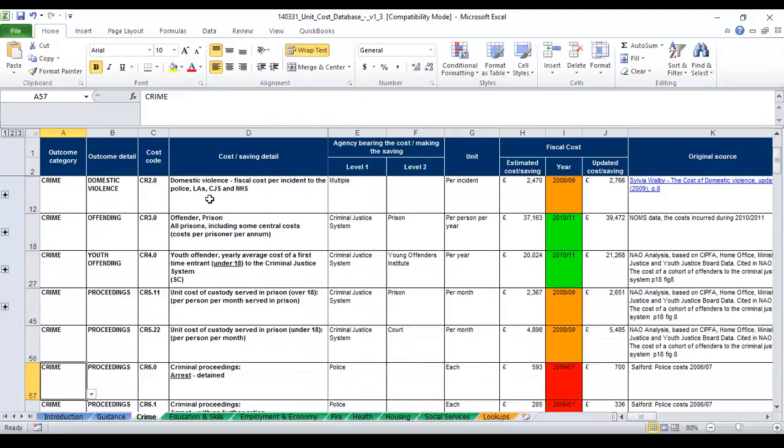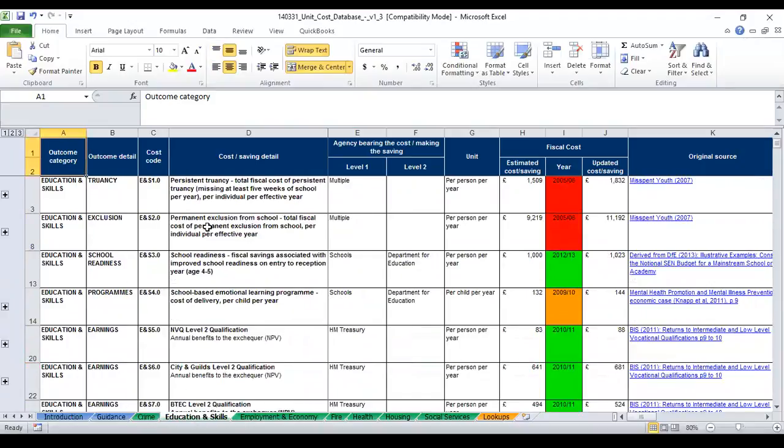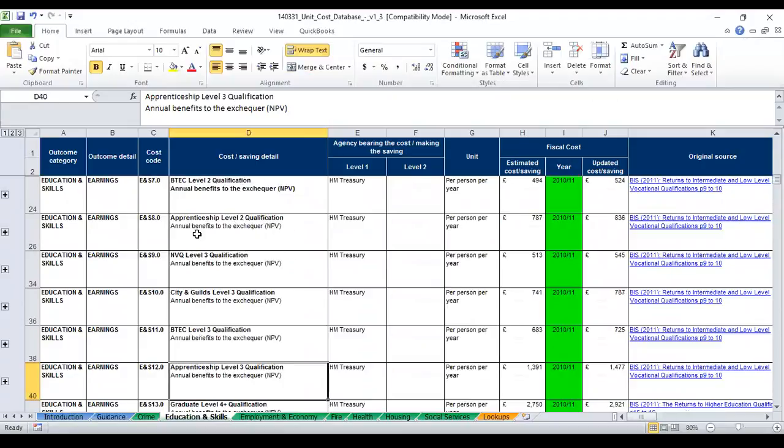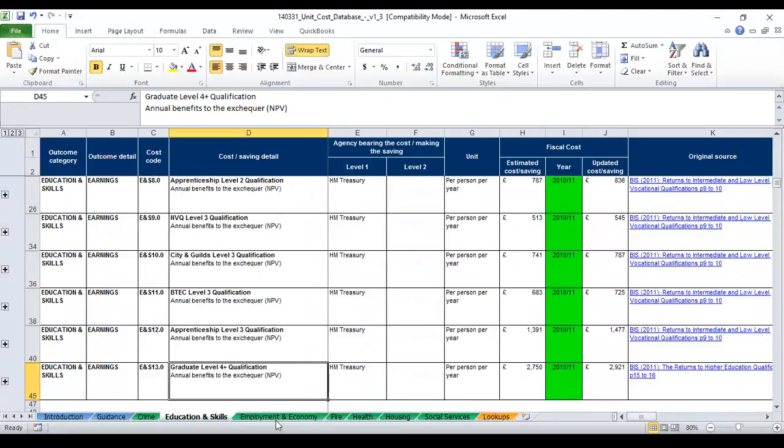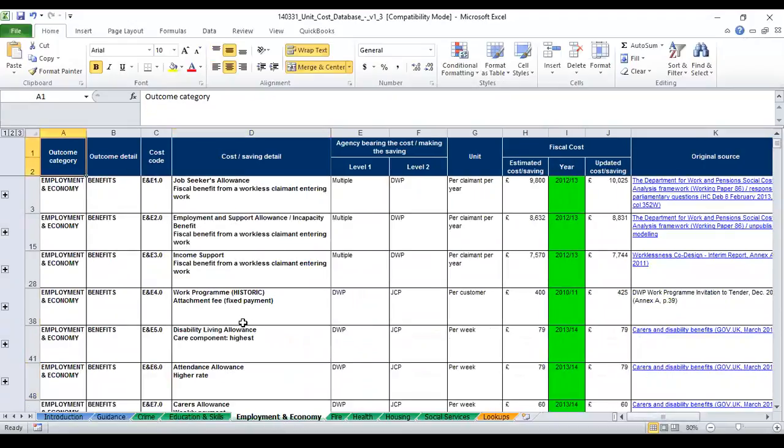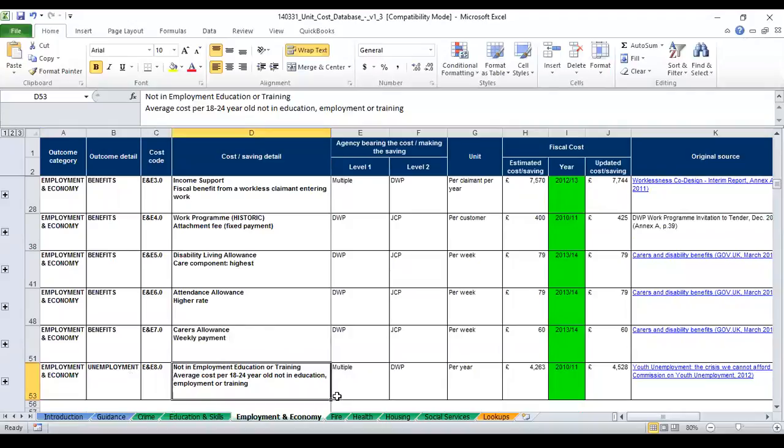So there's all kinds of things in here for crime. Education and skills, there's a lot around exclusions, truancy, people gaining qualifications. Then you've got your employment ones, which are around people coming off benefits and getting into work.